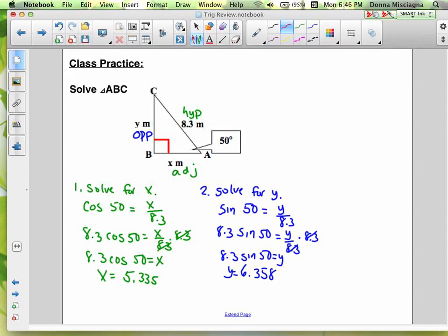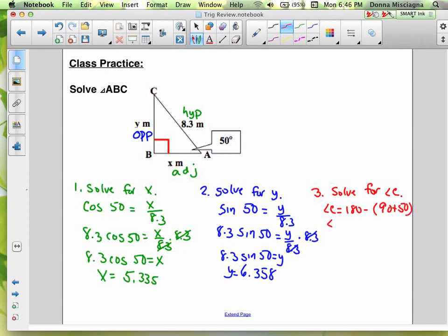All right, so now we want to find the missing angle. Let's use triangle sum theorem because we already know 2 angles in the triangle. So we're solving for angle C. So angle C is going to be equal to 180 minus the other 2 angles in the triangle, which is 90 plus 50.